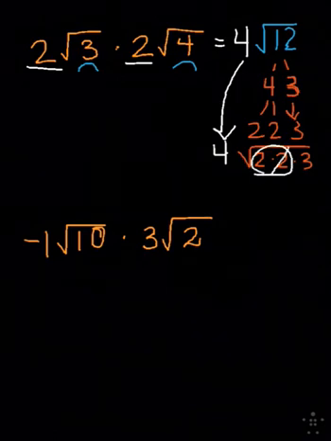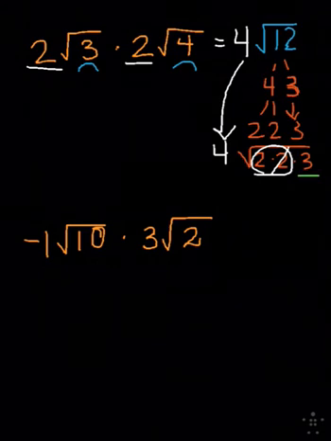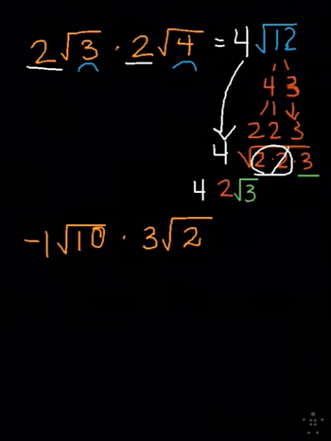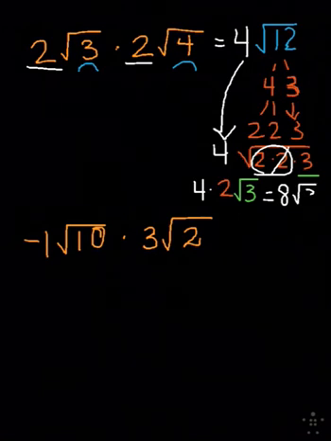Choose 1 to take out. And the one that does not have a pair stays underneath. So this is 4. We took out a 2. And we're left with that square root of 3. Remember, if there's more than one number on the outside, you multiply them together. So that will equal 8 square root 3.